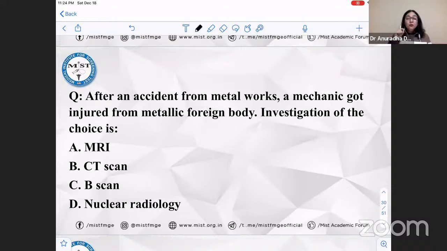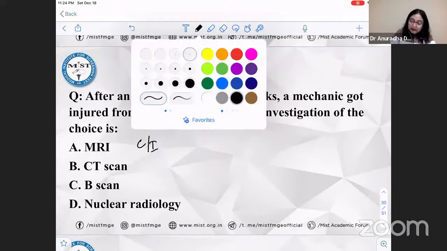So when you want to diagnose whether there is an intraocular foreign body and where it is located, that is localization. What will be the choice? Choice A, MRI, will be contraindicated.